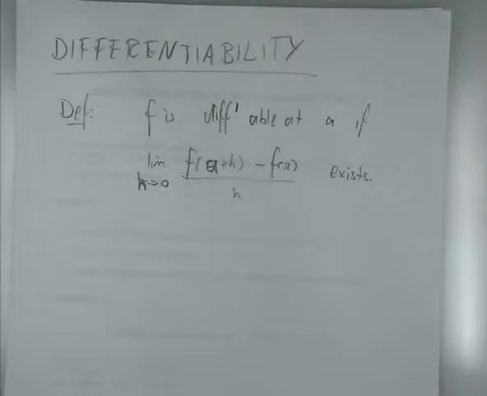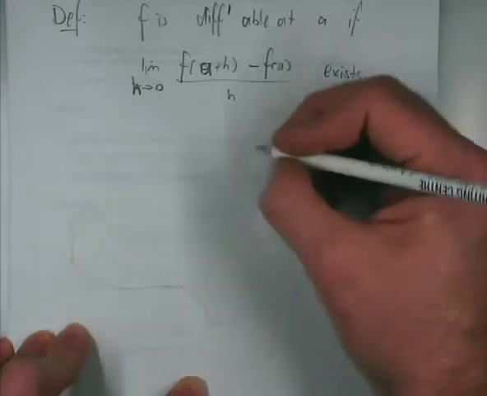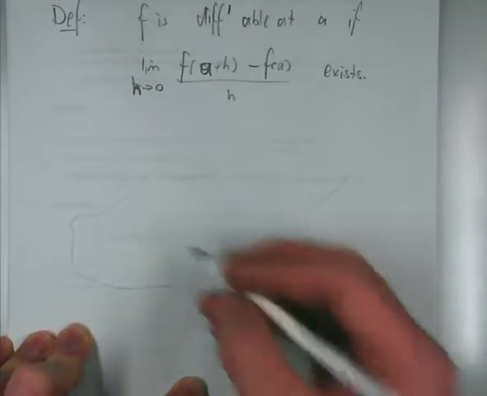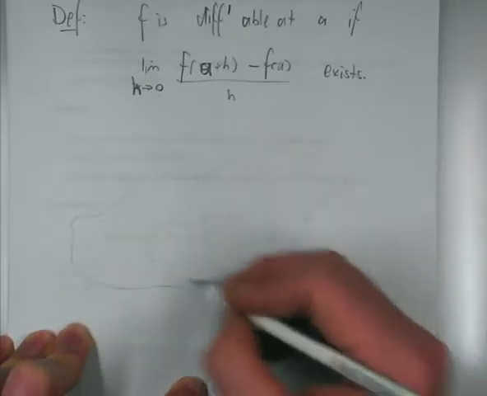If it's not continuous, it can't possibly be differentiable. So there was a theorem which said that if it's differentiable, then it must be continuous. But normally you think about it the other way around: if it's not continuous, it can't possibly be differentiable. So the concept here is that among all the functions that are continuous, some of them are differentiable as well.